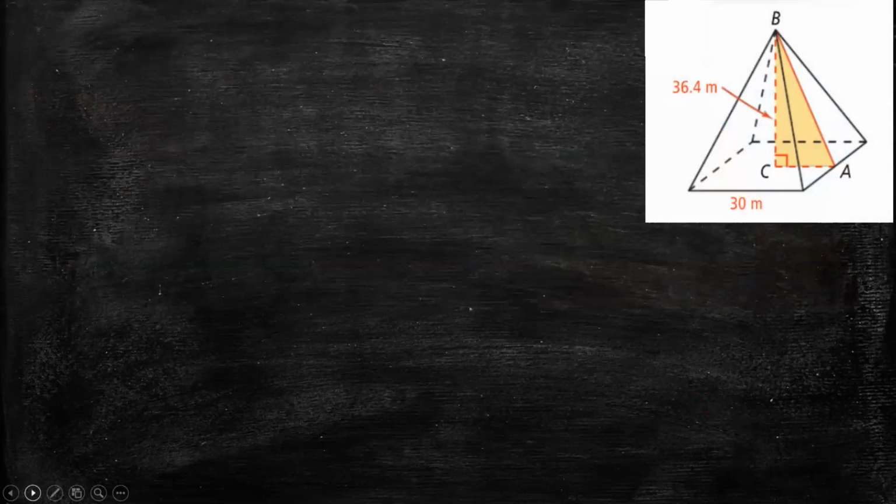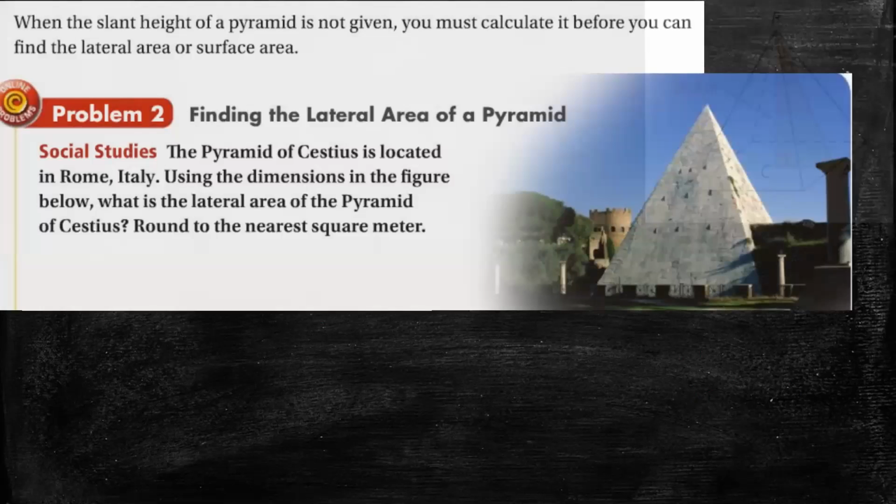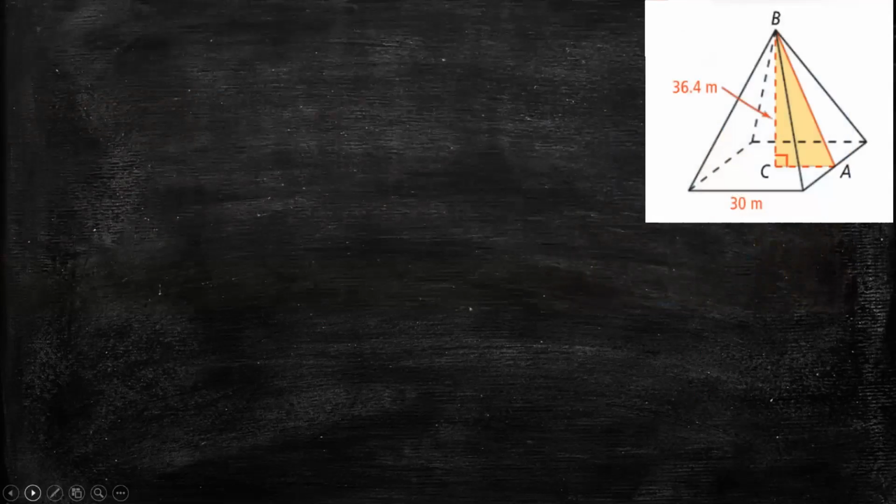So, this is now the shape of the pyramid. I only give you the height, which is 36.4, and the length of the edge, which is 30, and I ask you to find the lateral area.